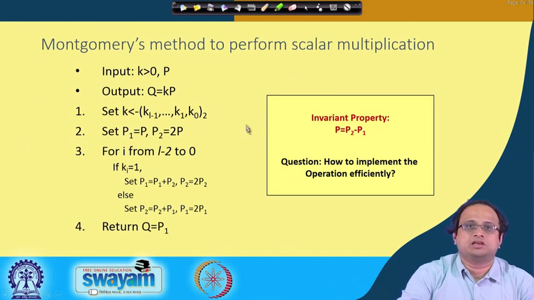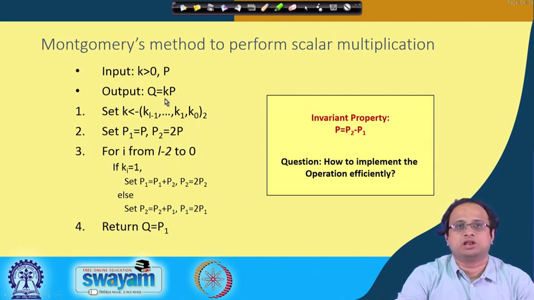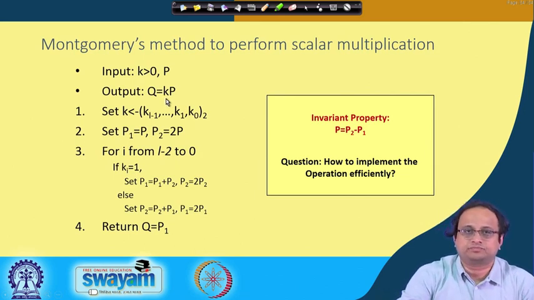In Montgomery's technique, the objective is still to compute the scalar multiplication. So, you have a scalar k and you would like to calculate k into P. The binary expansion of k is denoted by k_(l-1) to k_0.